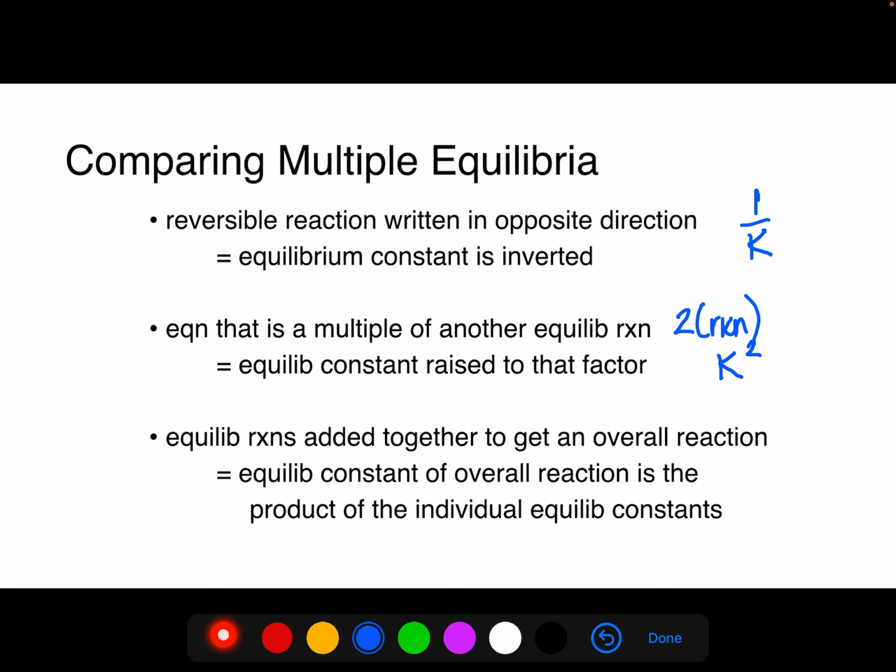So if our reaction would be 2 different reactions combined together, our new K value would be the K values for the individual reactions multiplied together. So whenever we did Hess's law with delta H, we added those. But whenever we're looking at K's, we're going to multiply those.